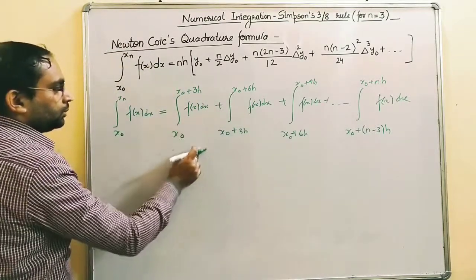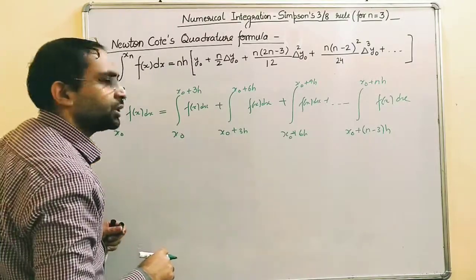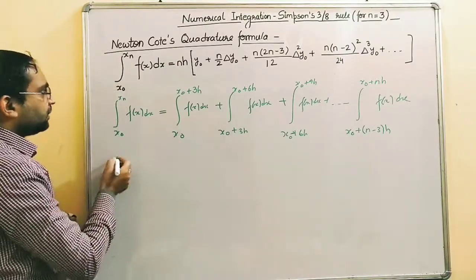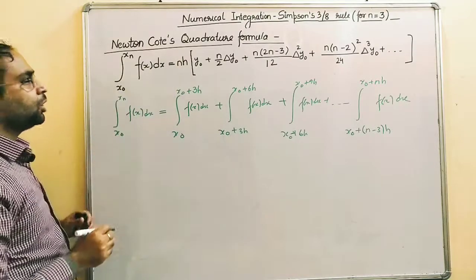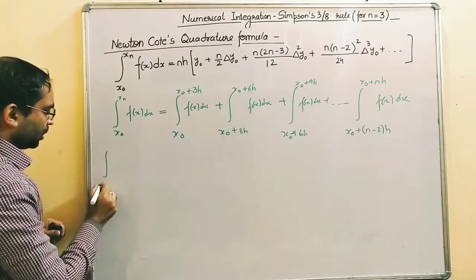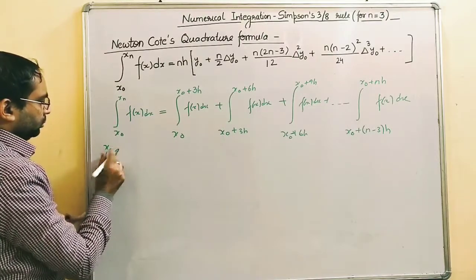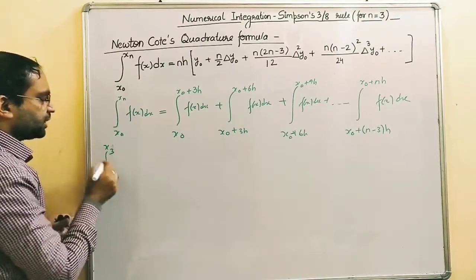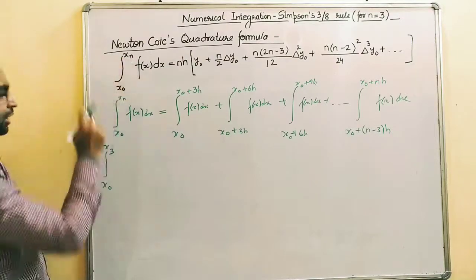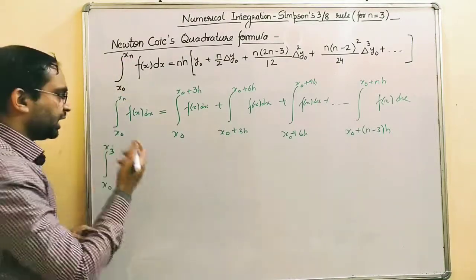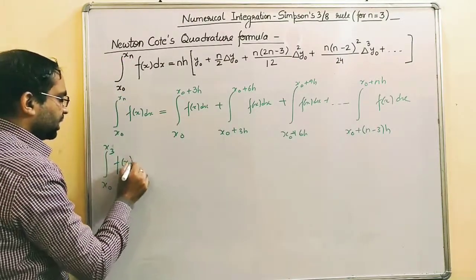So let's first derive this integral from x0 to x0 plus 3h. For that, we will keep n is equal to 3 in the formula. So now this will be the integral from x0 to x3, or x0 to x0 plus 3h, of f(x) dx.